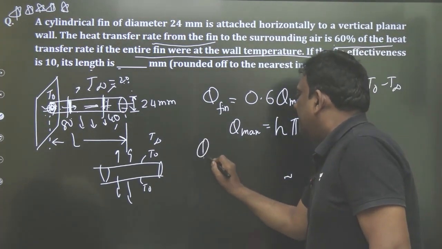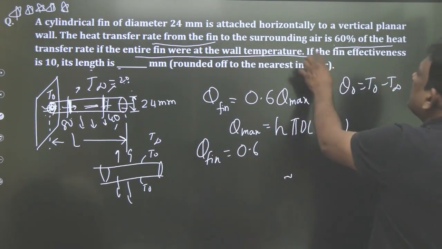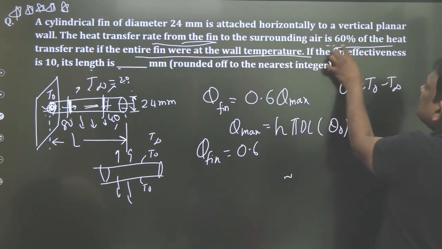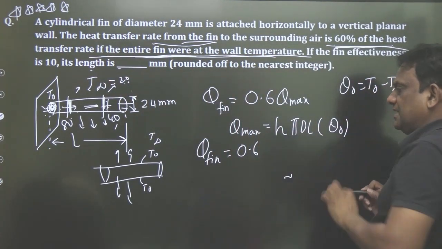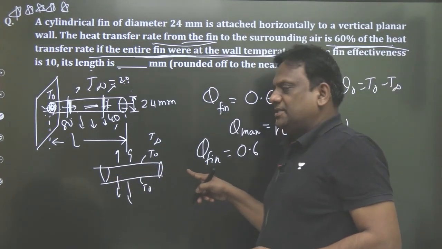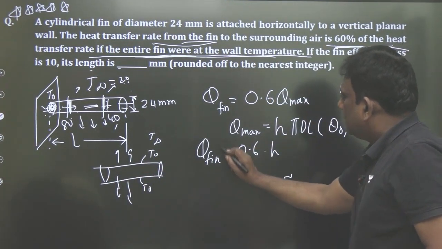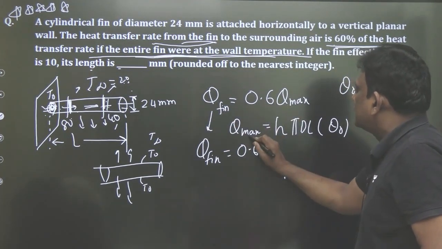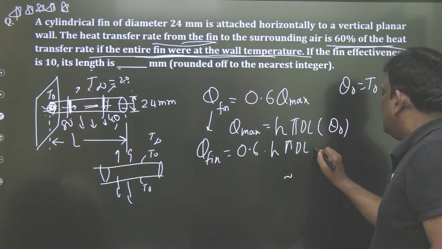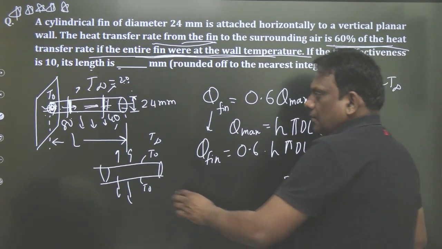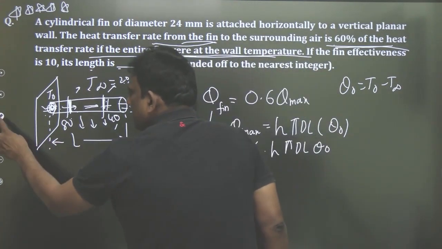So heat transfer from fin, as given, is 60% of the heat transfer if the entire fin were at the wall temperature. So heat transfer from fin is 0.6 Q maximum. What is Q maximum? h pi d L into theta naught. Very good, sirs. No problem at all. Every question is important, please.